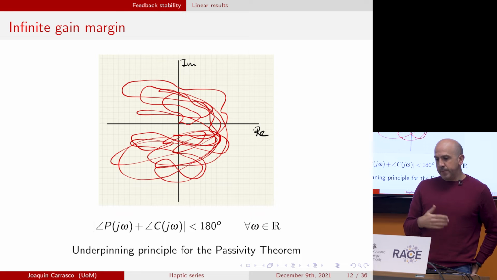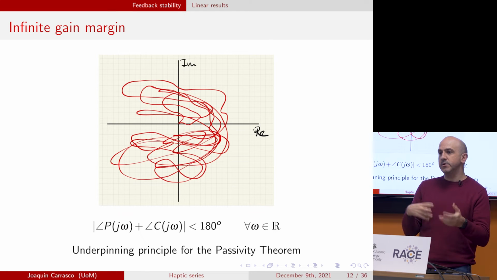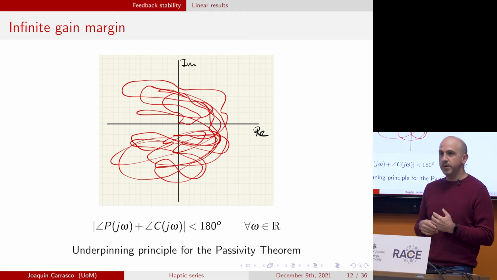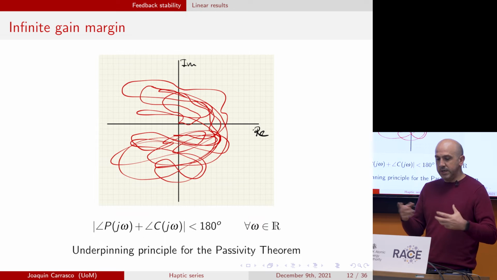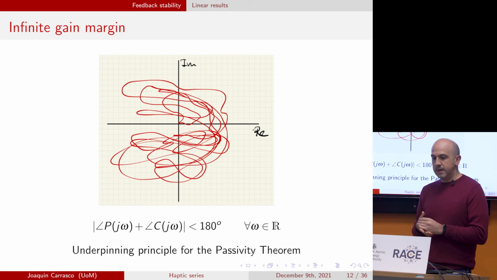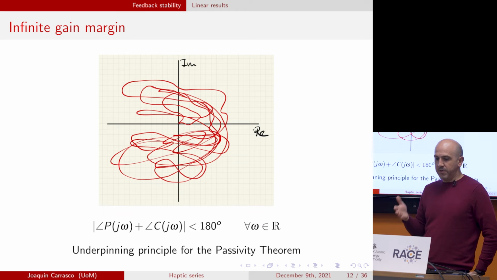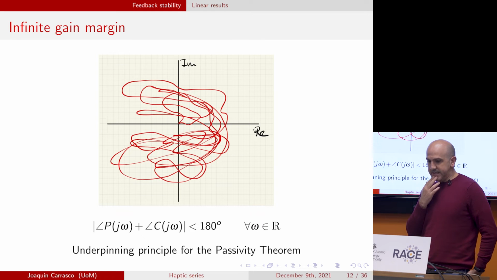And again, this is the toy interpretation that we can do for linear systems, but when we move to the nonlinear part, we cannot use this kind of argument, because we will not have a Nyquist plot, we will not have this configuration of a linear system. We need to formulate things in a slightly more complicated mathematical way, but the concept, you can imagine it as the same concept.